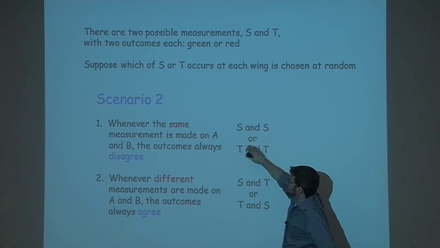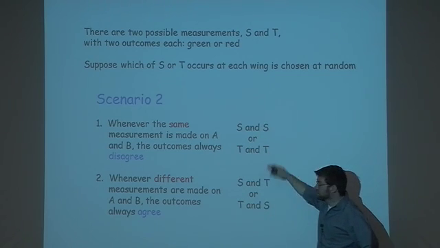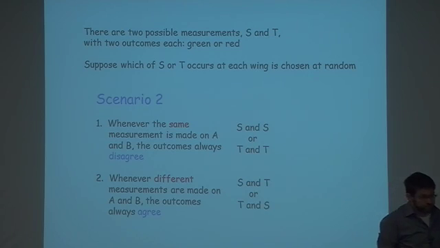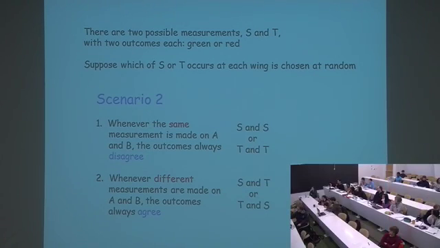So if it's S and S or T and T, the outcomes should disagree. Whereas if it's different measurements on the 2 sides, then the outcomes should agree. So let me give you a minute to think about it, and then I'll take suggestions. Same thing, but it's the left-handed one.